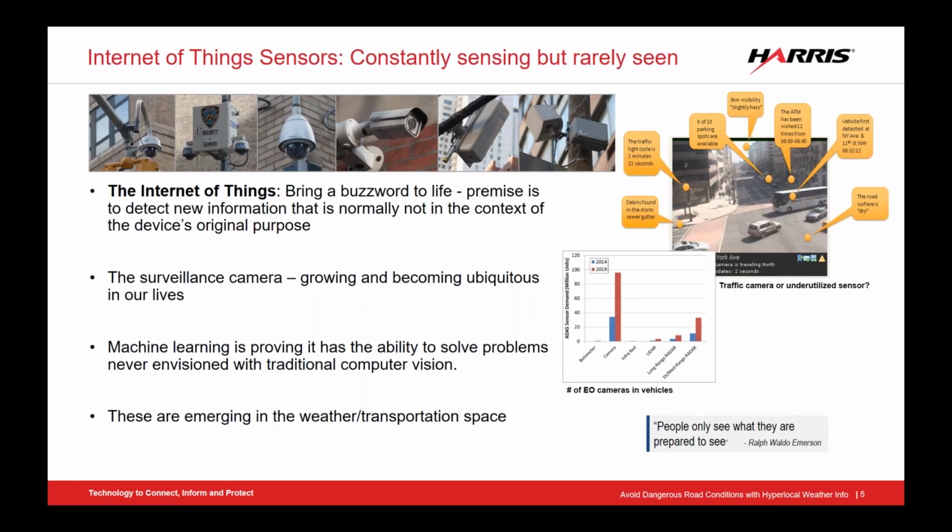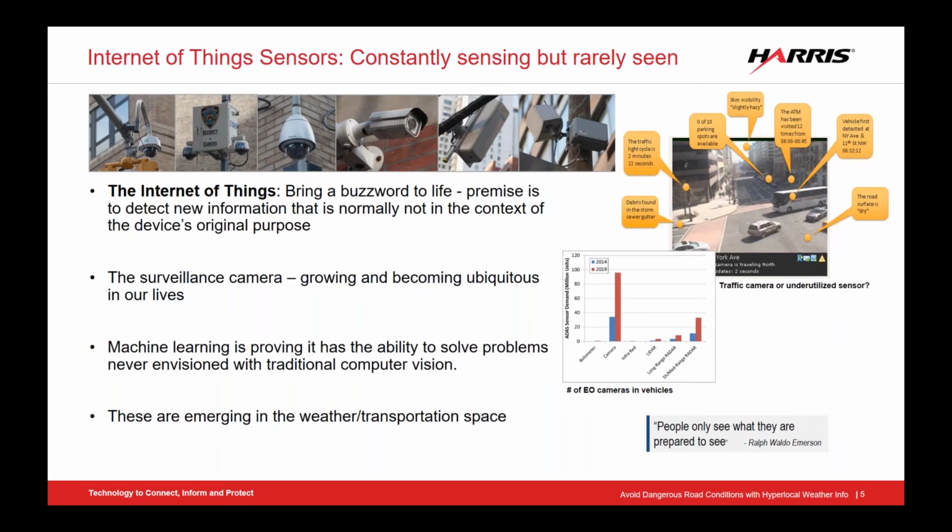The other one that we'll talk a little bit about is machine learning, and it is really proving itself that it has the ability to solve problems that we never envisioned on the traditional computer vision side of things, and I'll talk more about that later. But machine learning, applying that against some of these Internet of Things devices and sensors, is really changing the paradigm of what we can actually detect from some of these sensors.